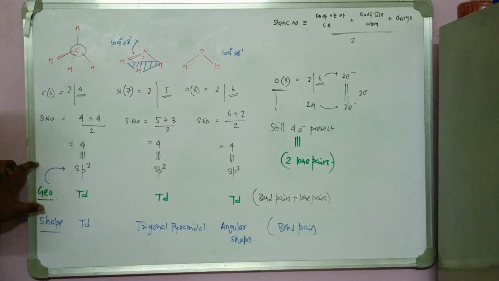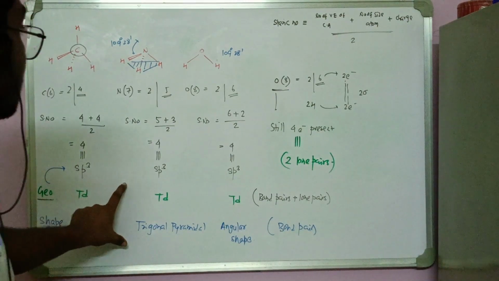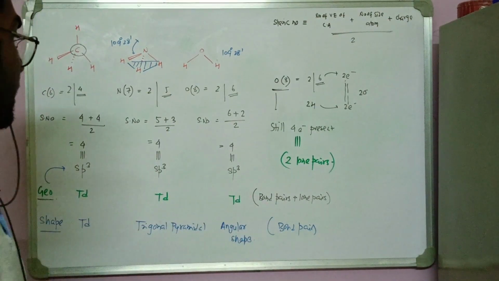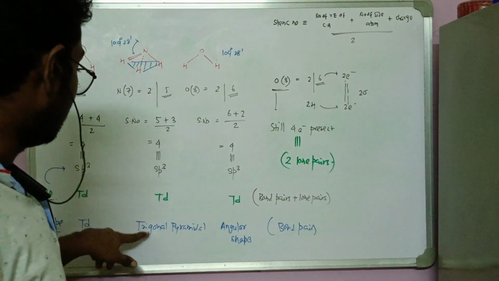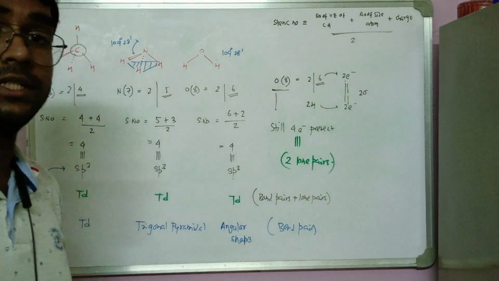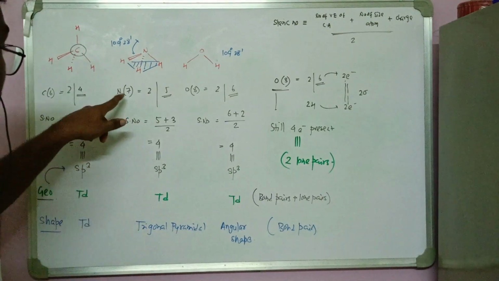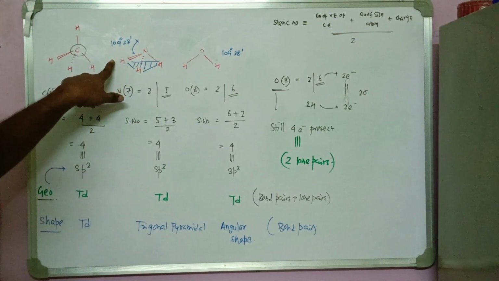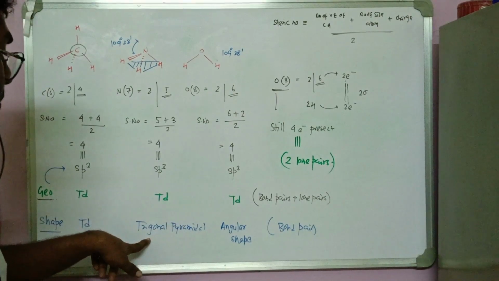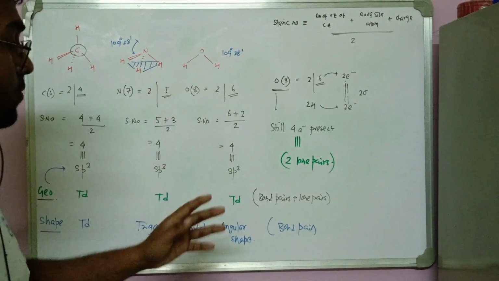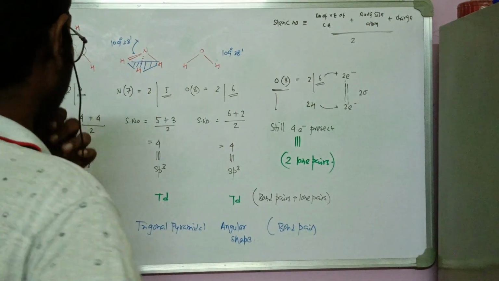So in that case geometry and shape will be the same. But if lone pairs are present on the central atom in a particular molecule, then the geometry and shape will be different. Here we can see the geometry of the ammonia molecule is tetrahedral, but the shape is trigonal pyramidal, and the same goes for the water molecule as well.